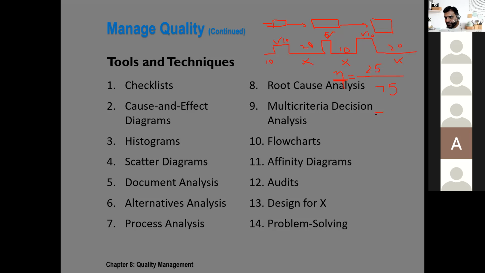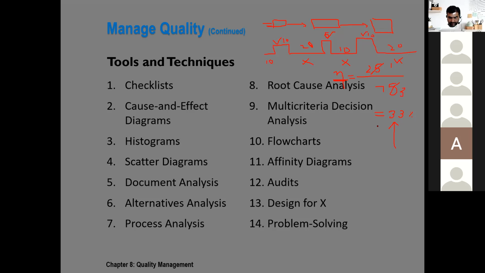And what is the efficiency of this process? 1 by 3, that is 33%. So by doing that, we can do some type of process improvement so that we can increase the efficiency of our processes. Normally, business analysts do this type of work, but it is also important for a project manager to understand this concept.